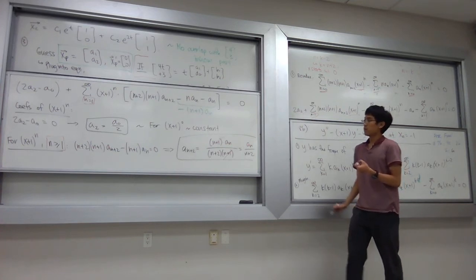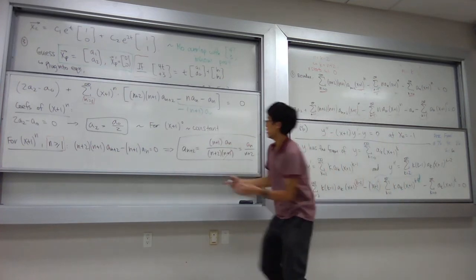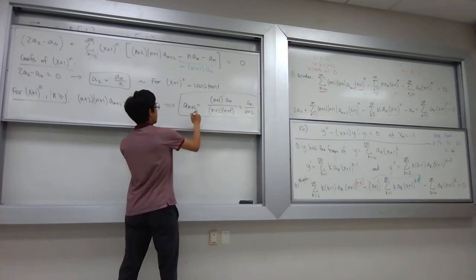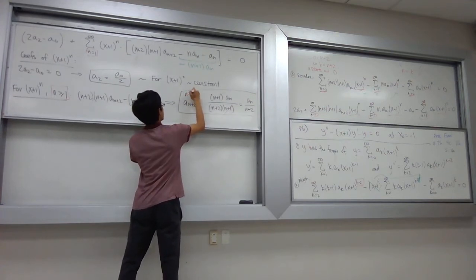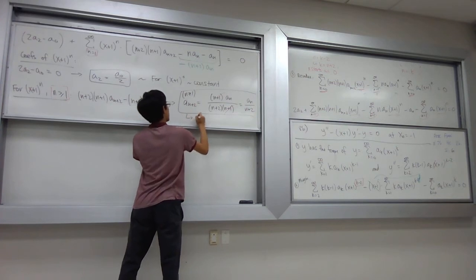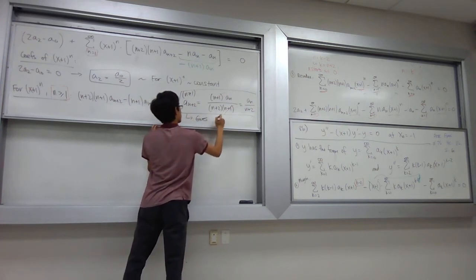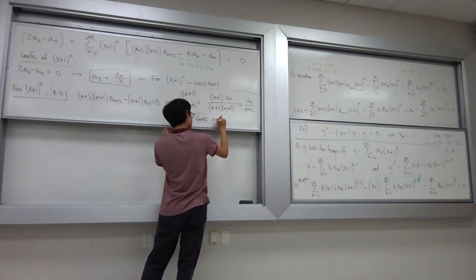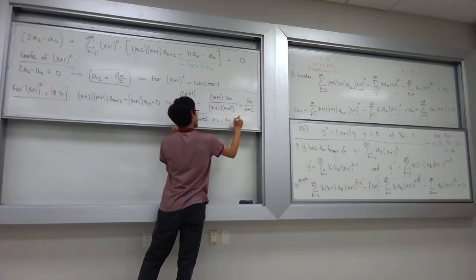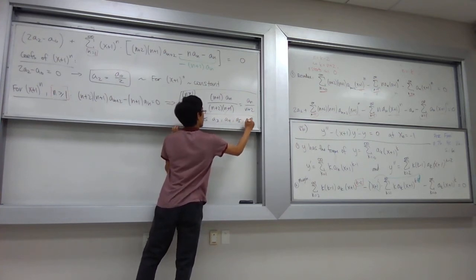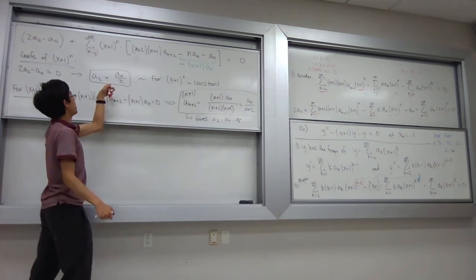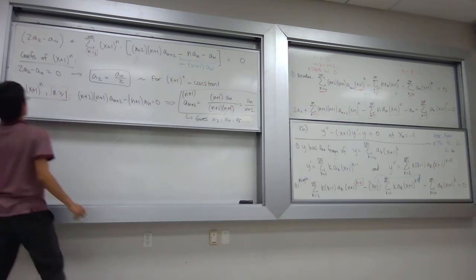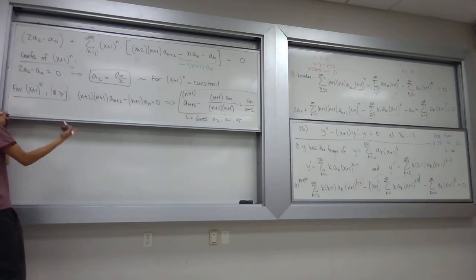Cool. And again, this is for n bigger than or equal to 1. So this gives us which coefficients? It starts at 3 and goes on forever. So that gives A3 and on; A2 we have here. So all we have to do now is conclude that A0 and A1 are free constants.